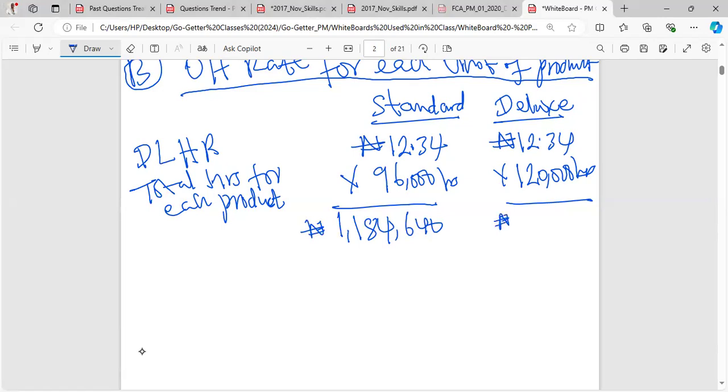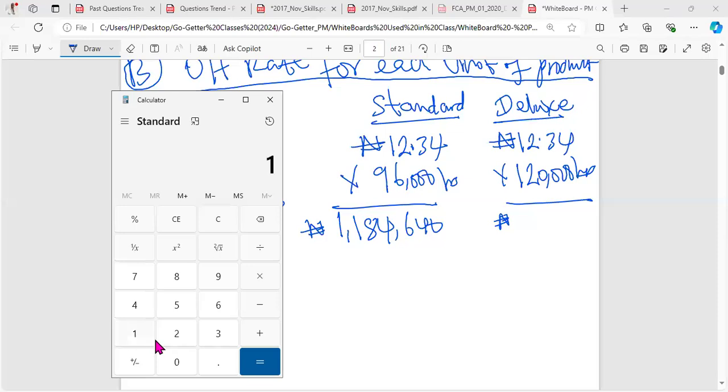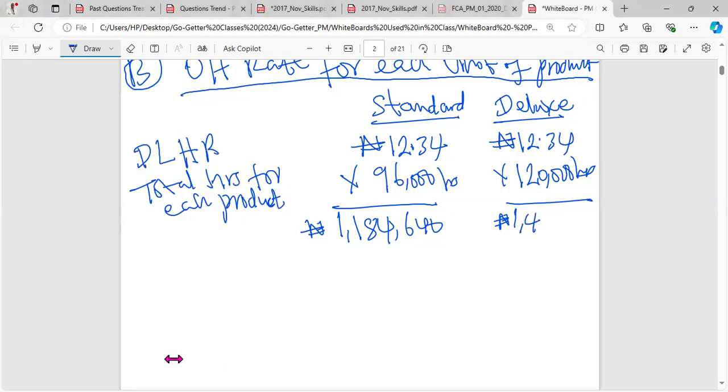We'll do the same thing here. Bring our calculator again. 12.34 multiplied by 120,000 gives us 1,480,800. This is in Naira.